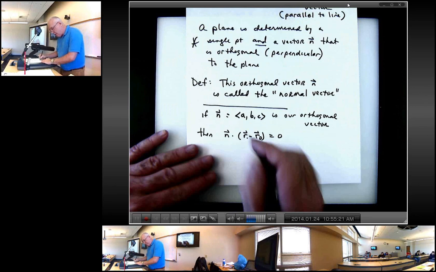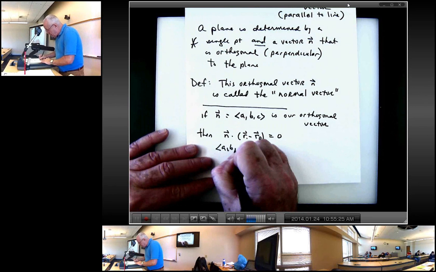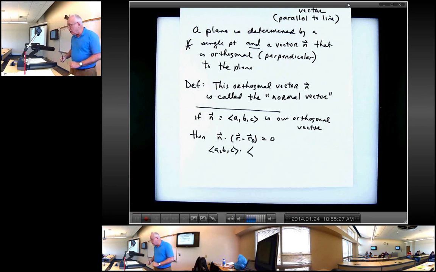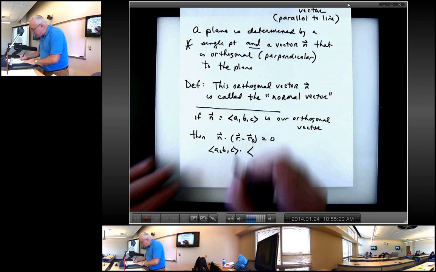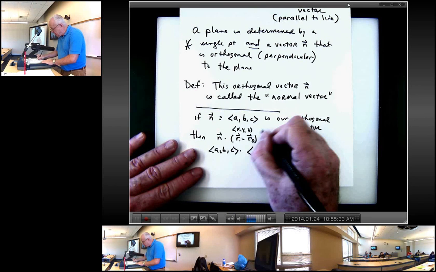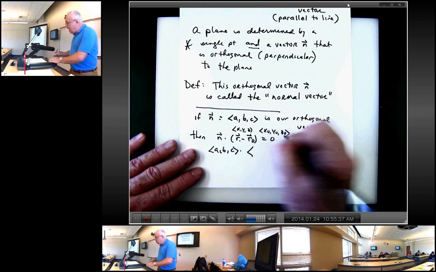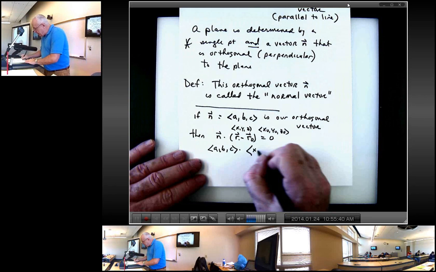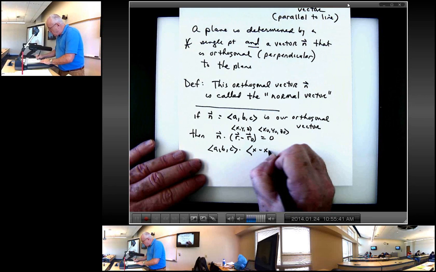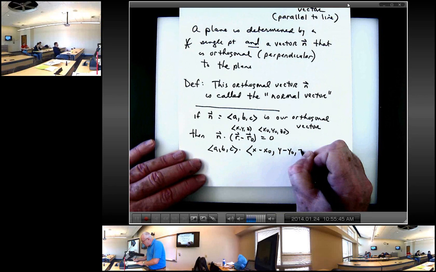So n is A, B, and C, dot, let's call r just general X, Y, and Z, and r naught X naught, Y naught, and Z naught. So n dot X minus X naught, comma, Y minus Y naught, comma, Z minus Z naught equals 0.